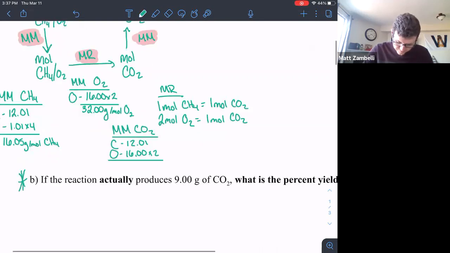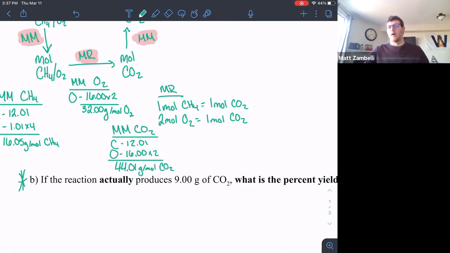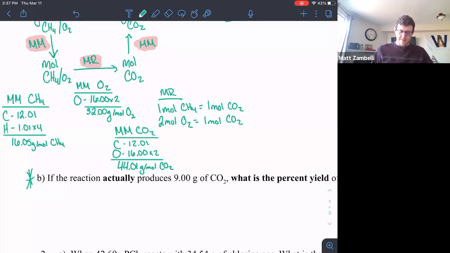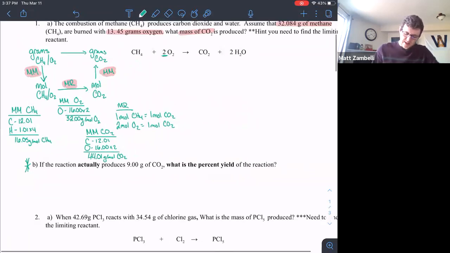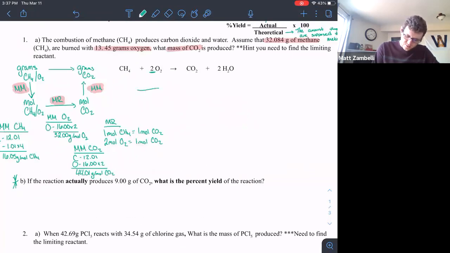Awesome. 44.01 grams per mole of CO2. Perfect. All right. So now we have all our conversion factors for all the problems. Now we can set it up. So let's start with our methane.